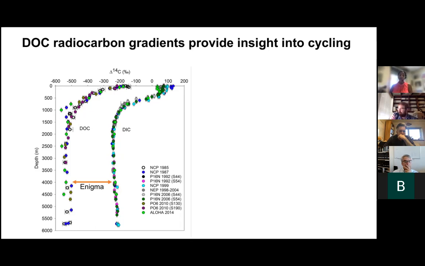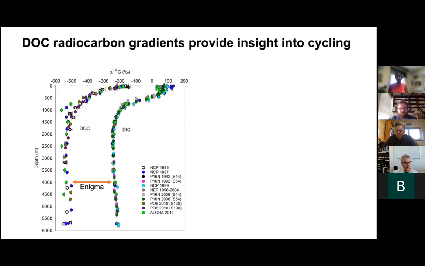And a couple of things are noteworthy. The first, when we think about dissolved inorganic carbon, we see that it's enriched at the surface because it's exchanging with the atmospheric carbon dioxide C14 reservoir. And then as the waters become more and more isolated from exchange with the atmosphere, the radiocarbon begins to decay with a half-life on the order of about 5,700 years, such that in the deep Pacific, which is where these profiles are from, you see the oldest waters, right?